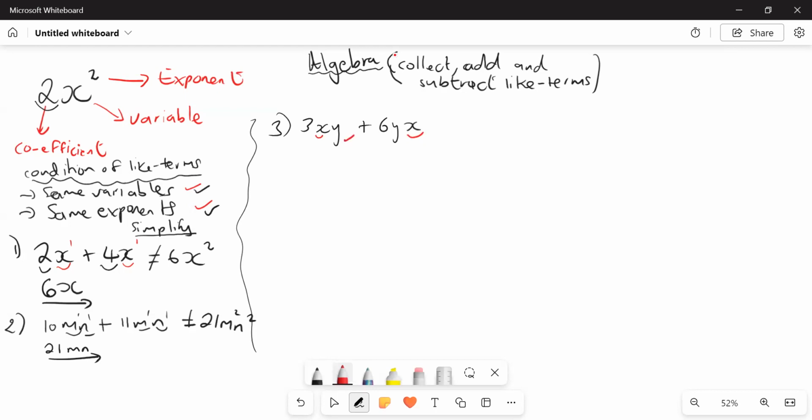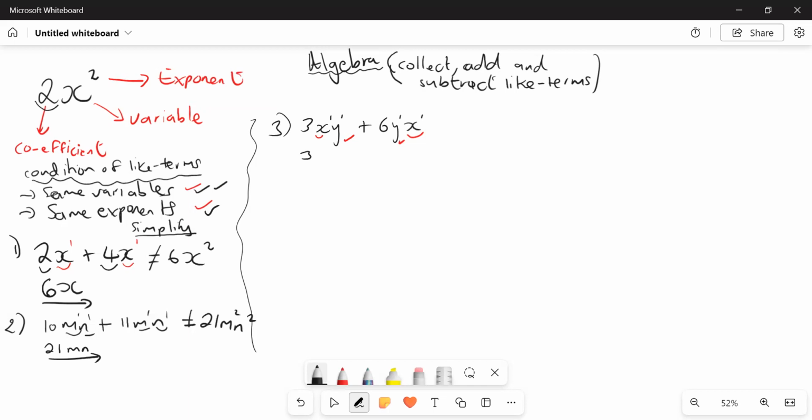There's y, there's y. That's correct, right? Same variables. At least we're happy. Now we go to same exponent. Do we have same exponent? Yes, we have x to the power 1, and then we have y to the power 1 as well as y to the power 1. So the exponents are the same, right? So these are like terms.